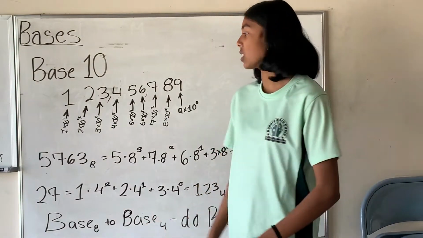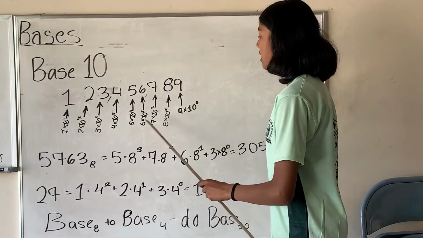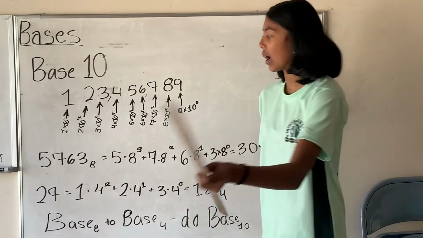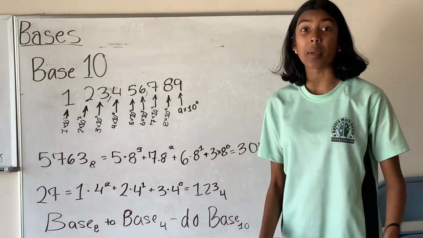Basically this means 9 plus 80 plus 700 plus 6,000 plus 50,000 and so on. So that's technically what base 10 is.